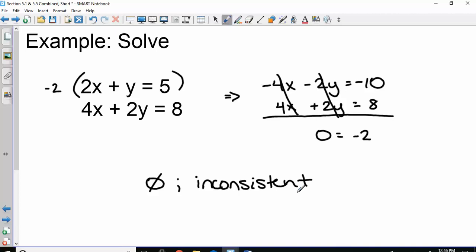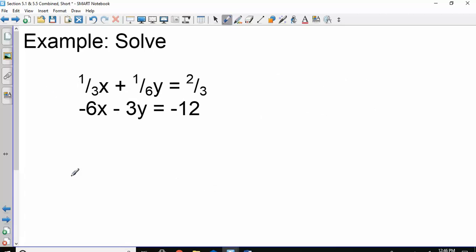Let's do at least one more like these. So let's do this one. And I didn't say whether you had to do substitution or elimination on this one, so you could do either.